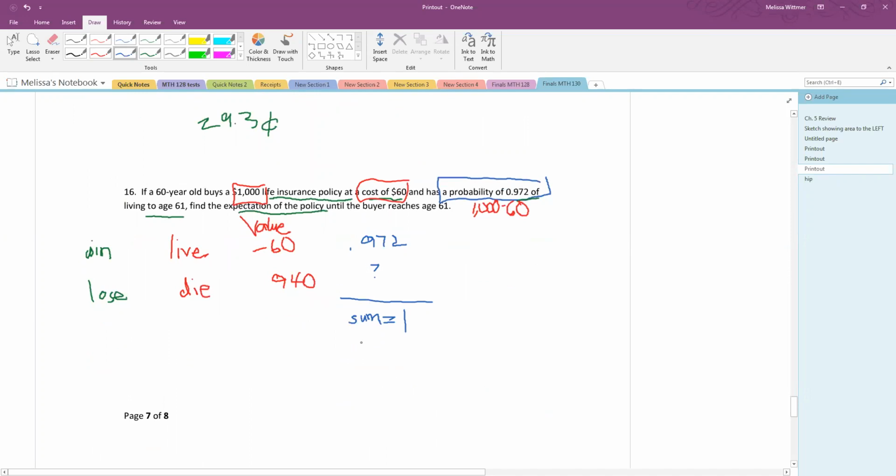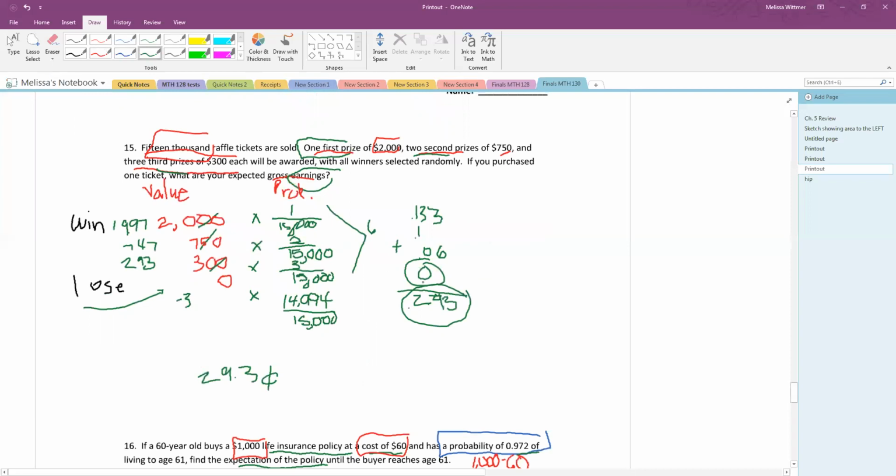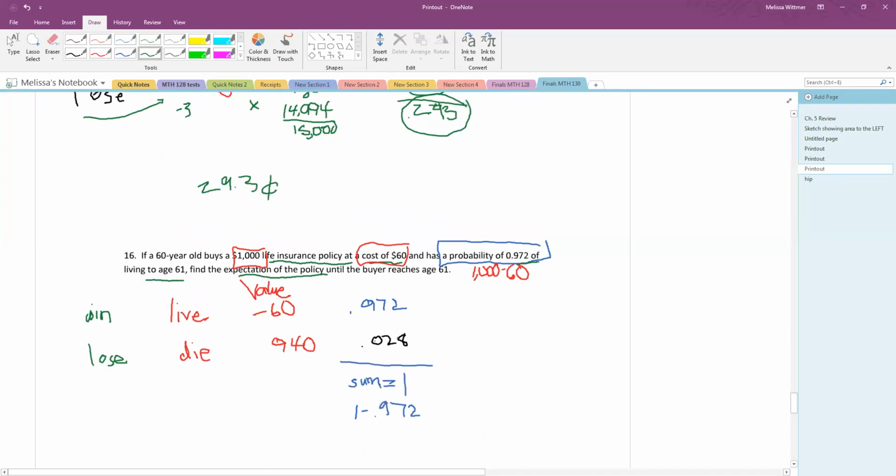Here, since there's an unknown, we just subtract from 1 to find the missing piece. So 1 minus 0.972 is the opposite probability. This is the probability that they die. 0.028. So these two would add up to 1. So probabilities can be fractions or decimals or percents. Raffle tickets, fractions. If they give you a decimal probability, then you'll be working with decimals. Their sum is still 1.